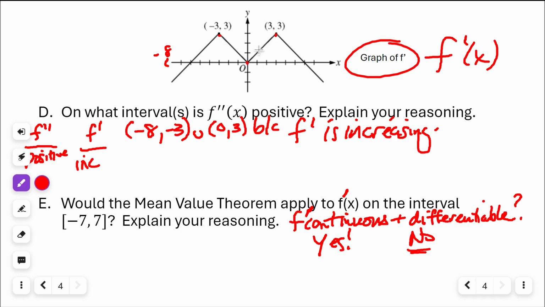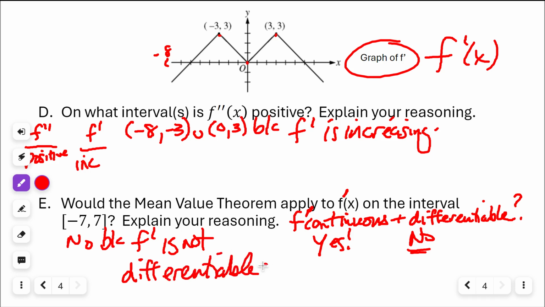So this thing's not going to be differentiable at these three points. So would the mean value theorem apply to f prime on this interval? No. Why? Because f prime is not differentiable at x equals -3, 0, and 3. There are corners there, two slopes. And that's the correct answer.